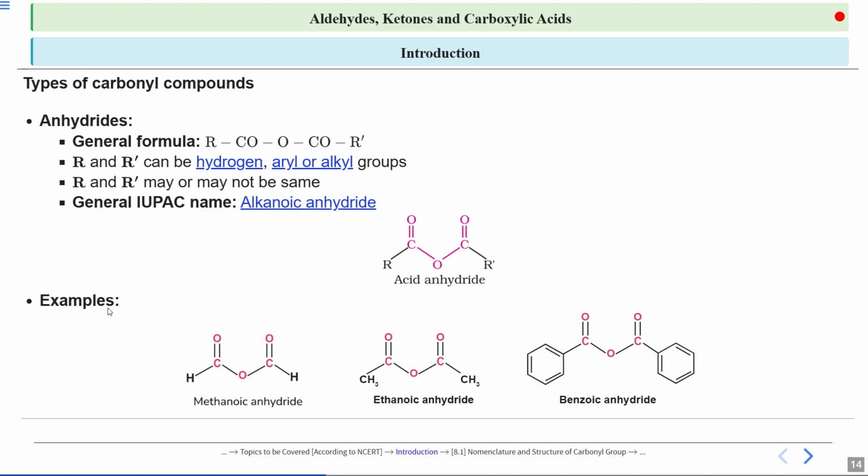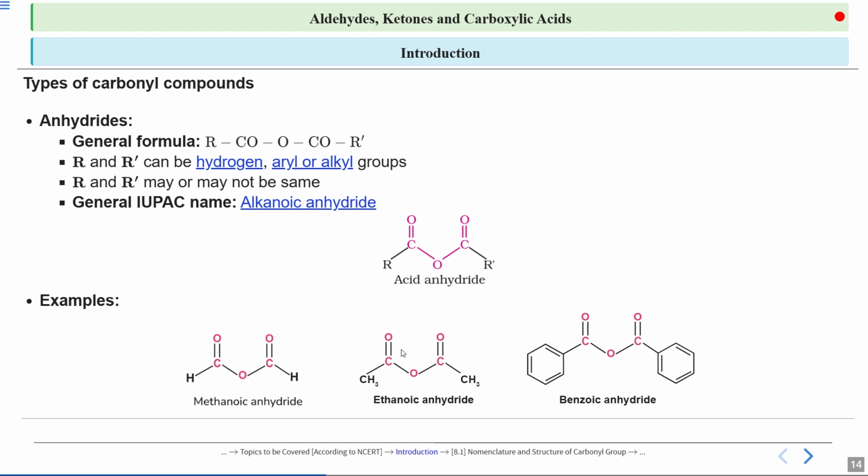Okay, when you remove water from 2 molecules of formic acid, you get methanoic anhydride. Similarly, this is ethanoic anhydride. And this ethanoic anhydride is used in aspirin preparation. Similarly, this is benzoic anhydride. Okay, when you remove water from 2 molecules of benzoic acid, you get a benzoic anhydride. So this was about anhydrides.